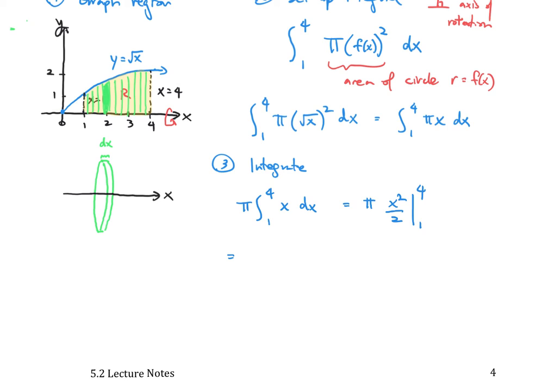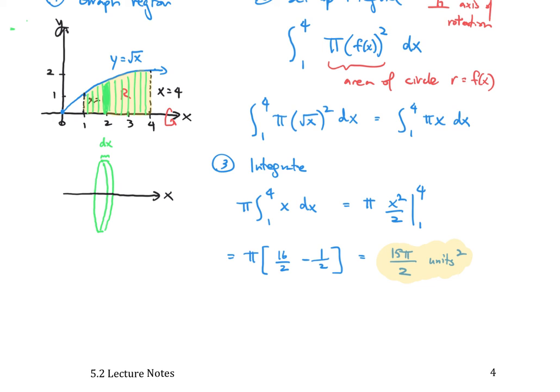This is going to give me pi times 16 over 2 minus 1/2. That's going to give me 15 pi over 2 units squared. And let me highlight that answer. That is our final answer here.